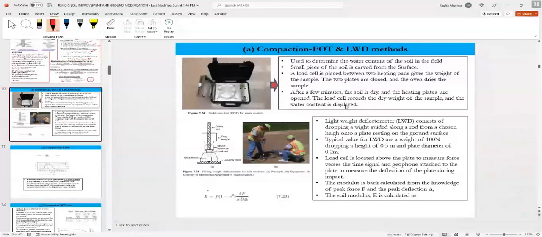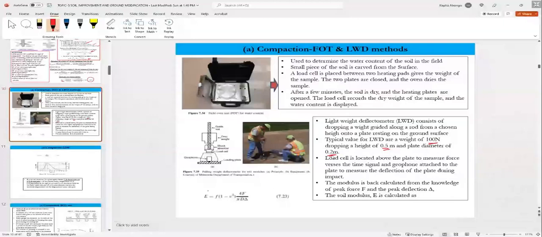For the lightweight deflectometer, you have a rod and a weight. The weight is typically 100 newton, dropping about 0.5 meter. The diameter of the plate is about 0.2 meter. This is connected to a load cell.